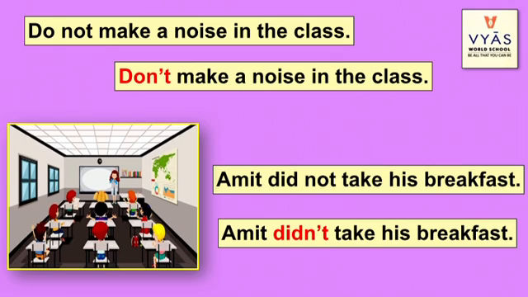The second sentence is, Amit did not take his breakfast. So did not will be written as didn't. Here again we have missed the letter o, and in place of o we have put an apostrophe, and we are going to read this sentence as Amit didn't take his breakfast.